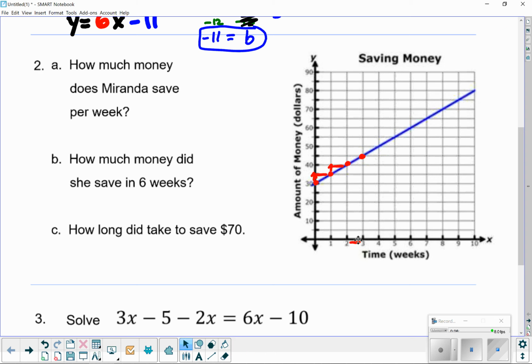And another week that goes by, from 2 to 3 weeks, Miranda saves $5 more. So how much money does Miranda save per week? She saves $5.